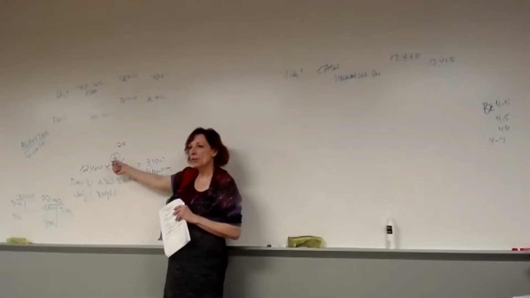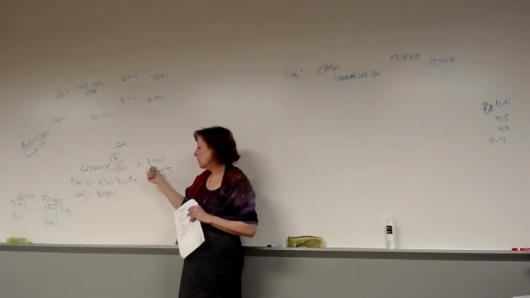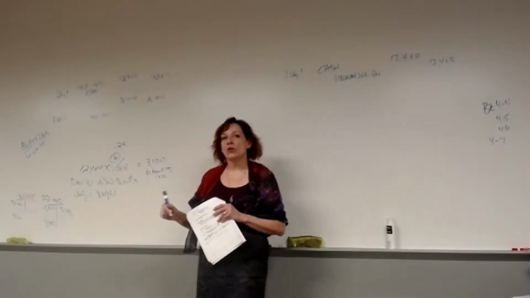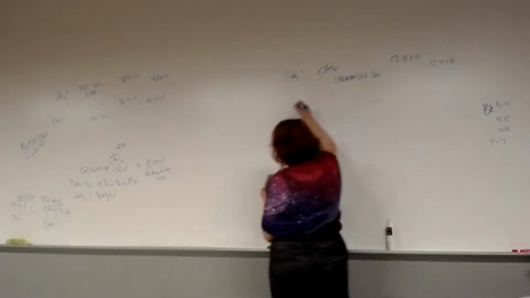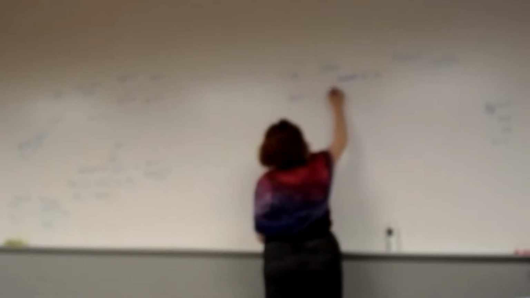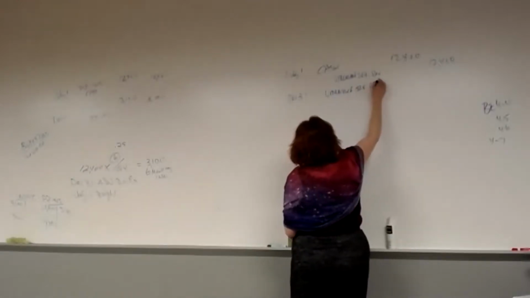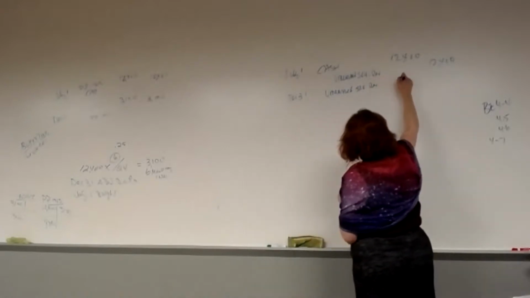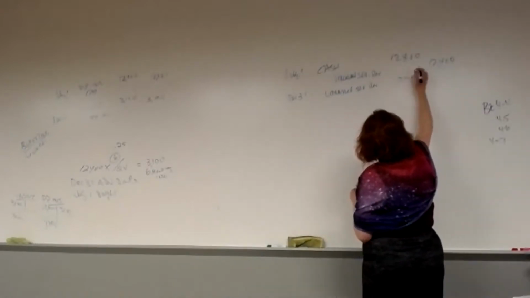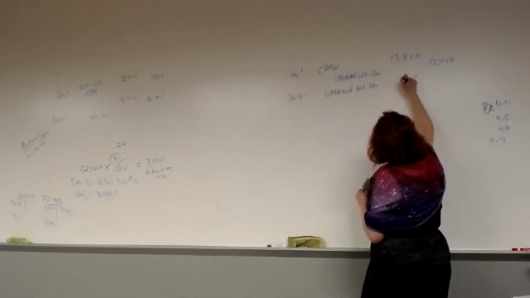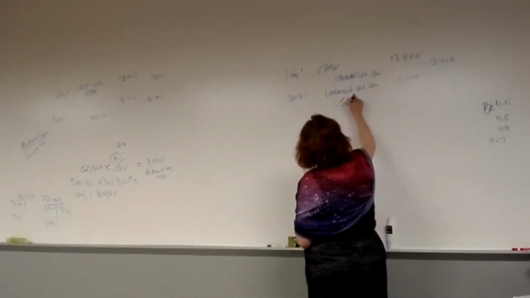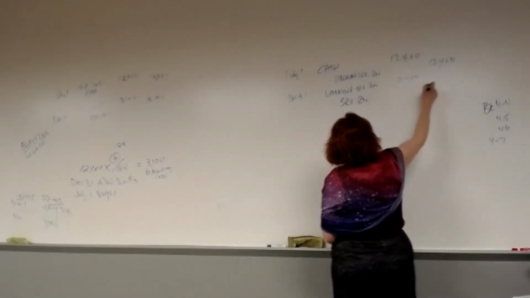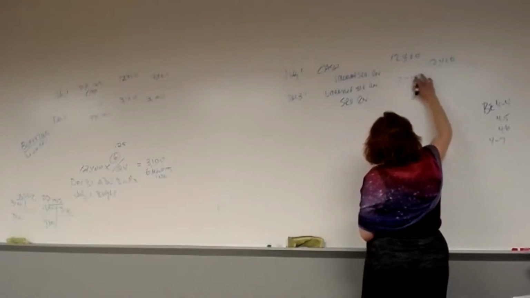We've earned 6 months' worth, 0.25, which is the $3,100. So we've actually earned this. So on December 31, we're going to debit unearned service revenue, $3,100. And we're going to credit service revenue because now we've actually earned the $3,100.